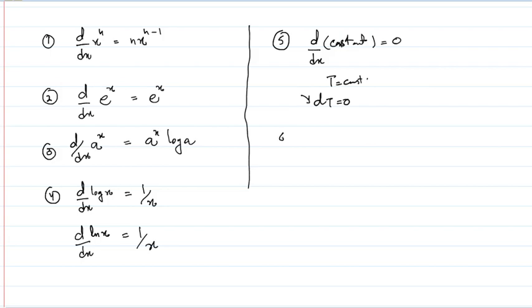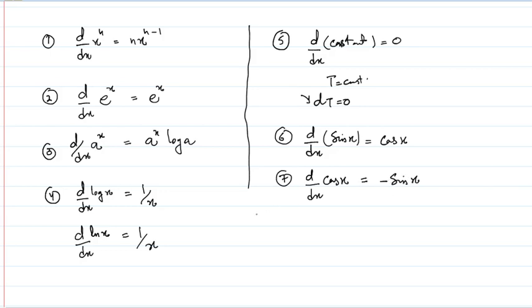Okay, so what you have to remember next is d by dx of sin x. Remember, it will be equal to cos x. And the reverse of this, that means d by dx of cos x will be equal to minus sin x.